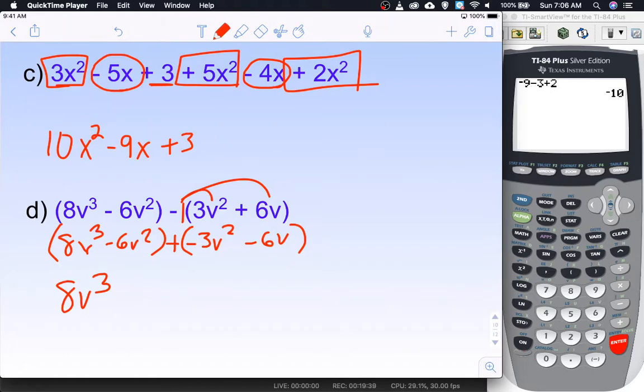I have 2 v squareds. I've got a -6 and a -3, which gives me -9v squared. I only have 1 v to the first power, and I have no constants. So that's done.